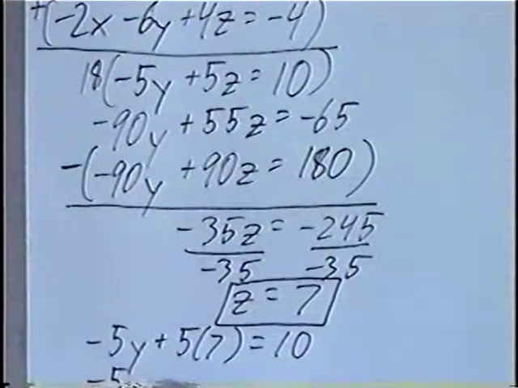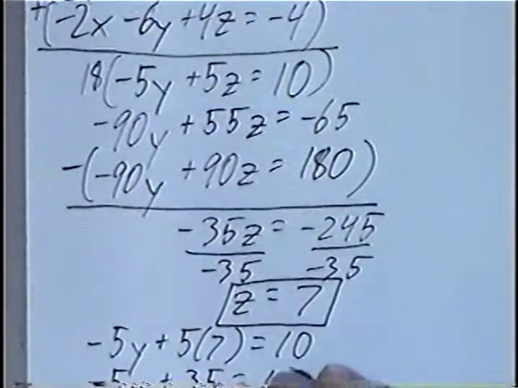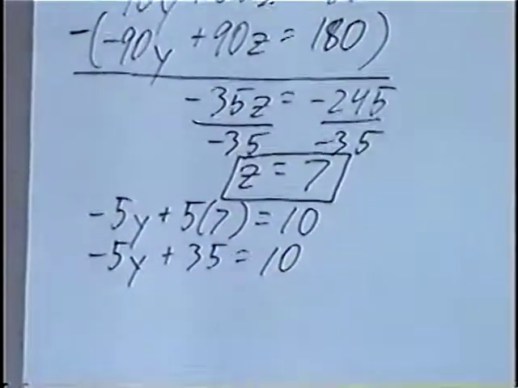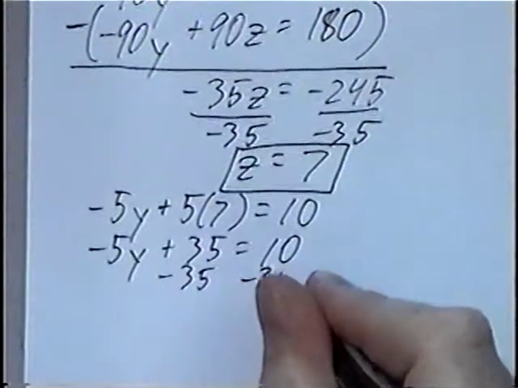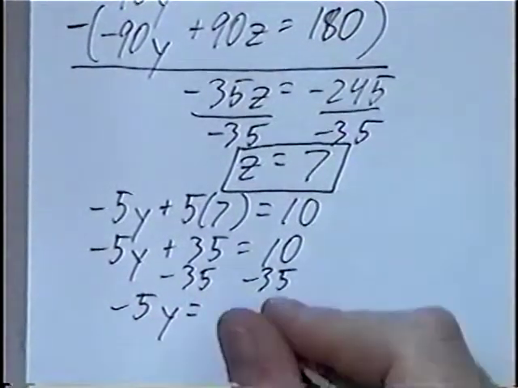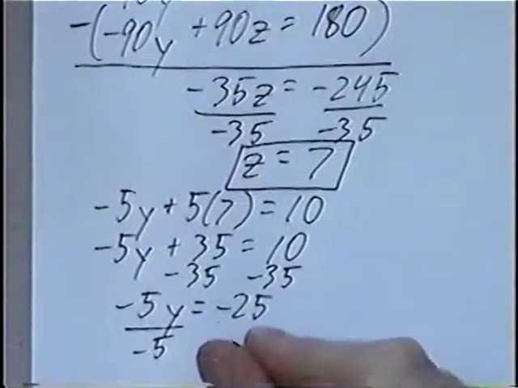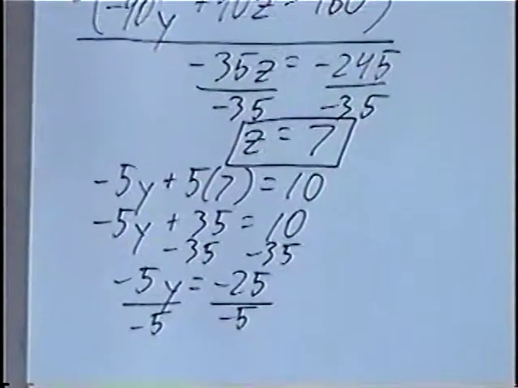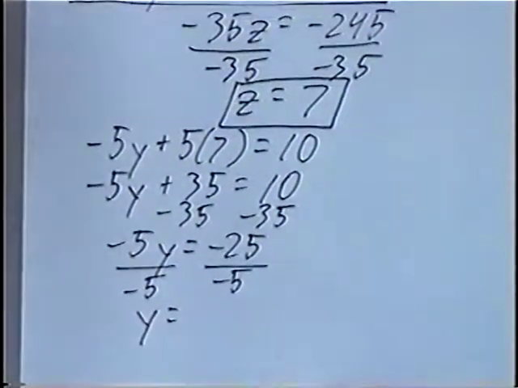Solving from here, negative 5y plus 35 equals 10. Subtracting 35 on both sides, negative 5y equals negative 25. Dividing by negative 5, we'll have our second answer, y equals positive 5.